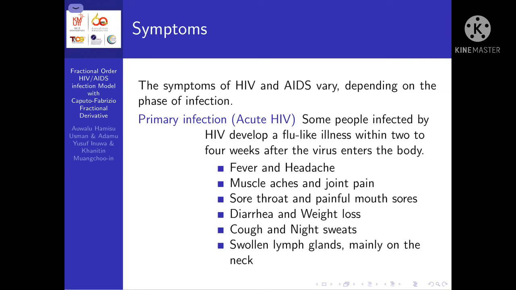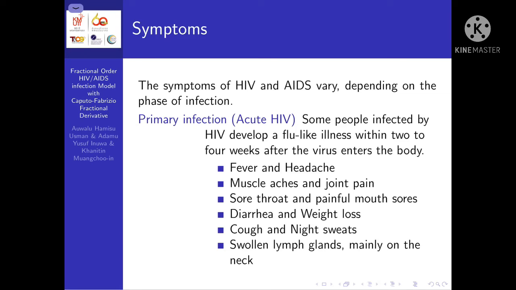The symptoms of HIV and AIDS vary depending on the phase of the infection. The primary infection includes HIV. Some people infected with HIV develop a flu-like illness within 2 to 4 weeks after the virus enters the body.